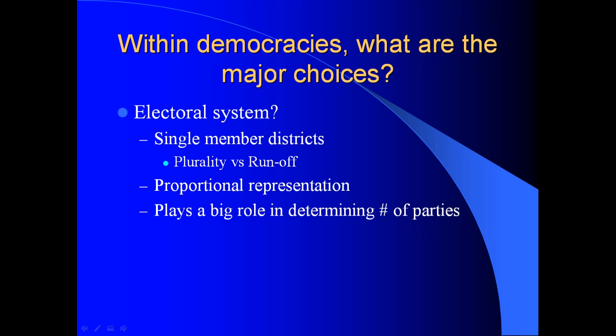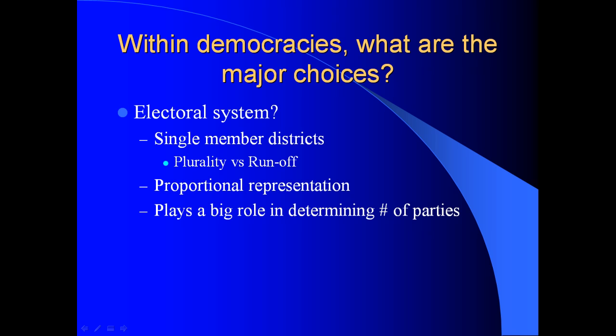And so there's this logic forcing the parties to sort of fuse together to make sure that they win, because it's all about plurality voting. It's all about getting the most votes, and only one party can win because it's a single-member district. So the tendency over time will be to reduce the number of parties to 2 major parties. So if you ever wondered why we have the Republicans and the Democrats and no one else, it's because of the rules that we have. In a proportional representation system, it's very different.